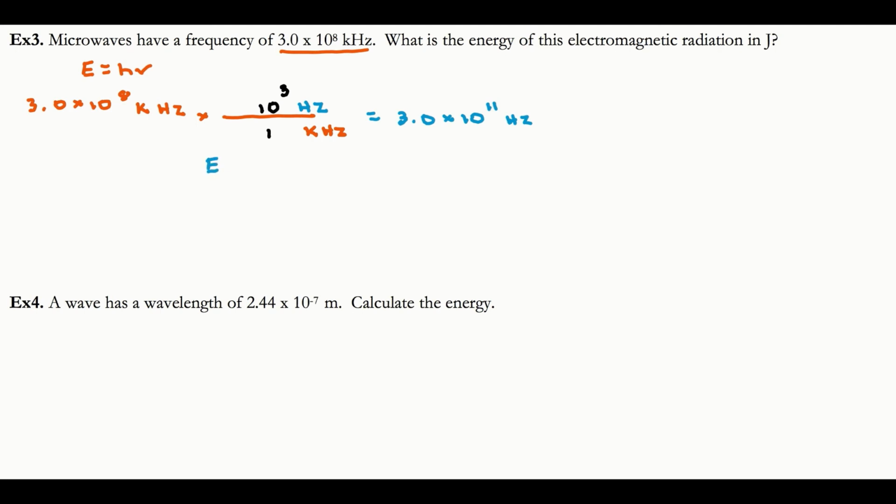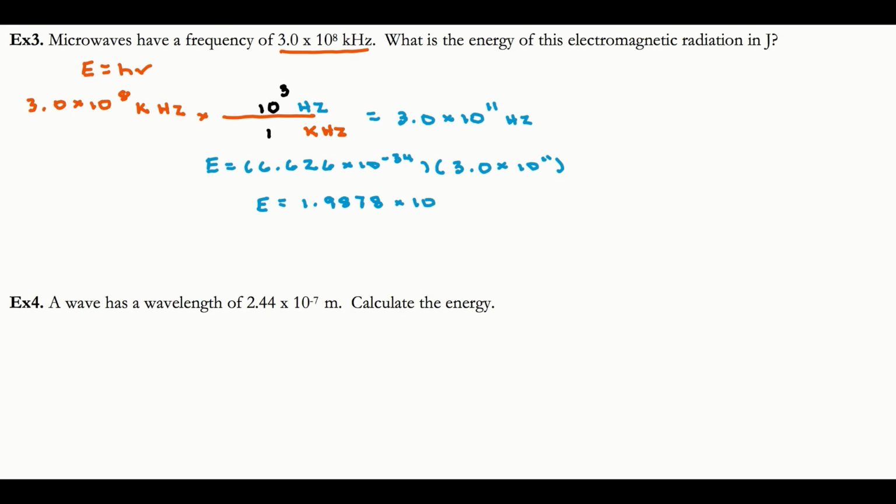So energy is going to be Planck's constant times my frequency, which is 3.0 times 10 to the 11. And so the energy I get here, unrounded, is 1.9878 times 10 to the negative 22nd.